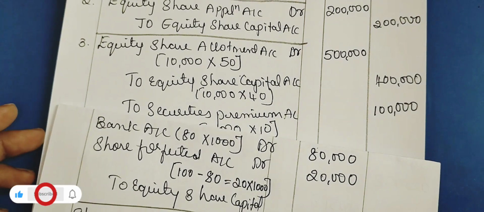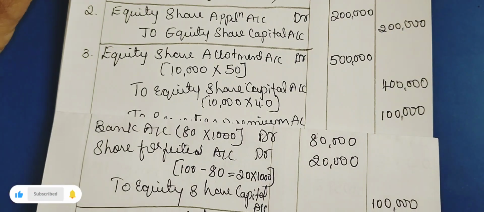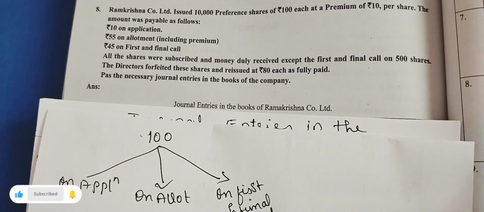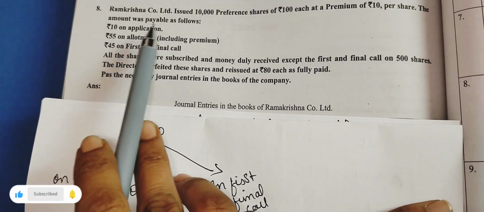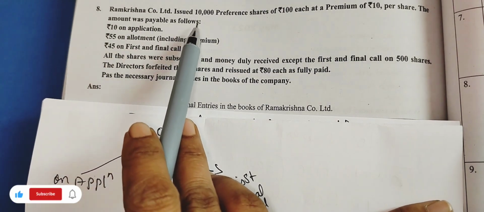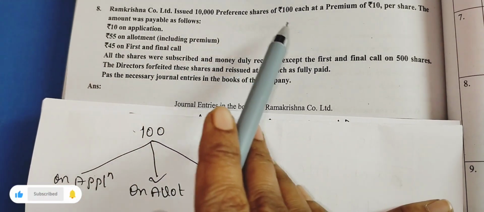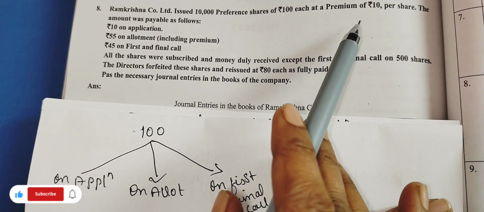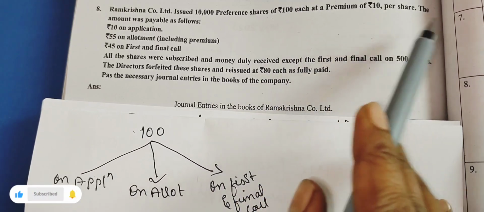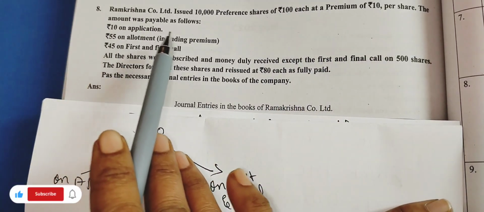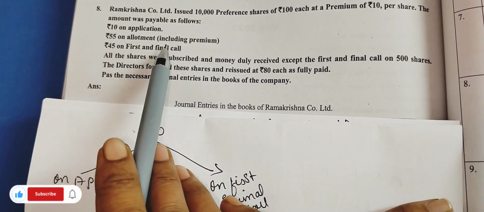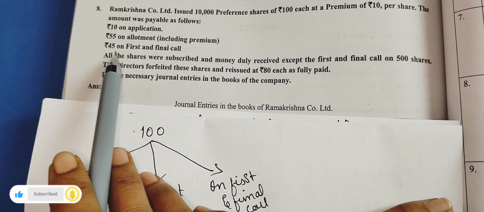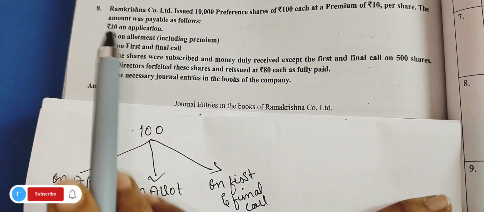Yes. Solve the questions with me. Okay. Take the screenshot of the questions. Solve with me. Yes. So this is a May 2023 question. Ramakrishna Company Limited issued 10,000 preference shares of rupees 100 each at a premium of rupees 10 per share. The amount was payable as follows: rupees 10 on application, 55 on allotment including premium, 45 on first and final call.